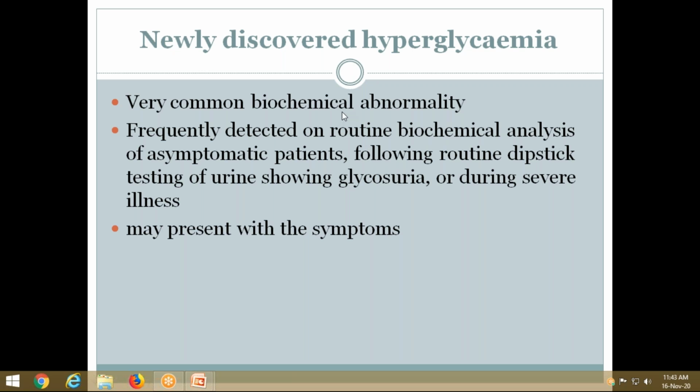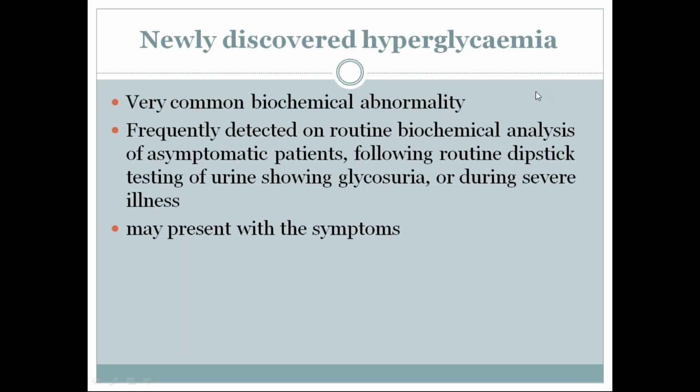Most of the patients, once they are detected as diabetic for the first time, will straight away say that the report is wrong. But patients who are having symptoms will ask us what to do.